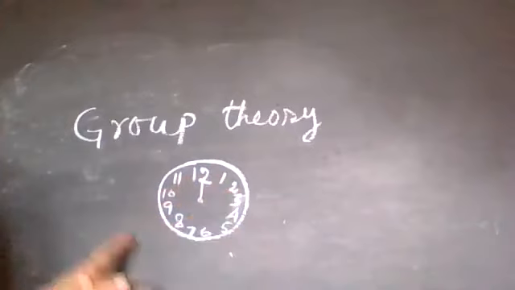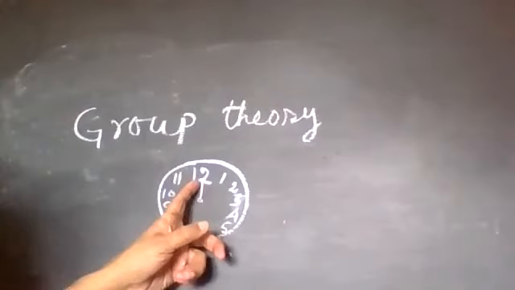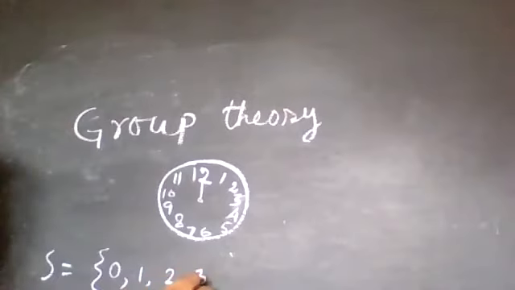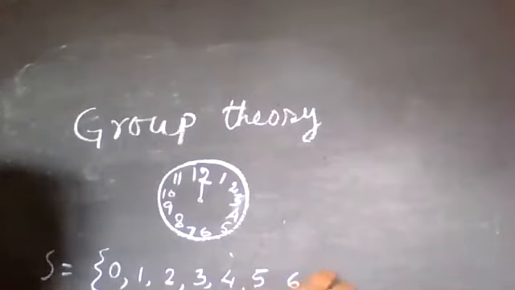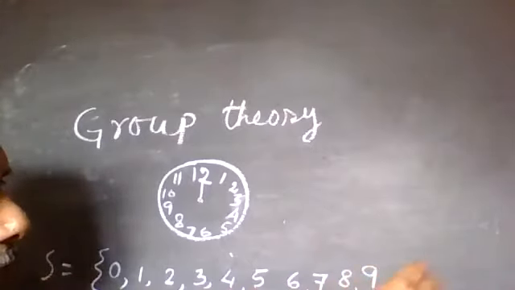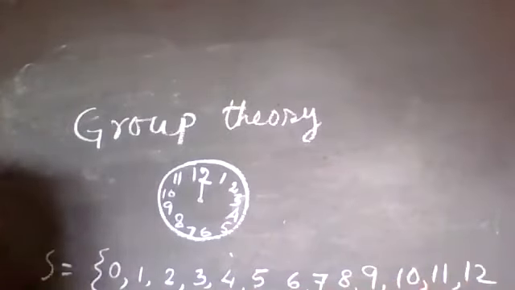Now how many numbers are there? Apparently it is 1 to 12, but you know there is one hidden number. At the beginning it is not 12, it is 0. So I have numbers in this set: 0, 1, 2, 3, 4, 5, 6, 7, 8, 9, 10, 11, 12.